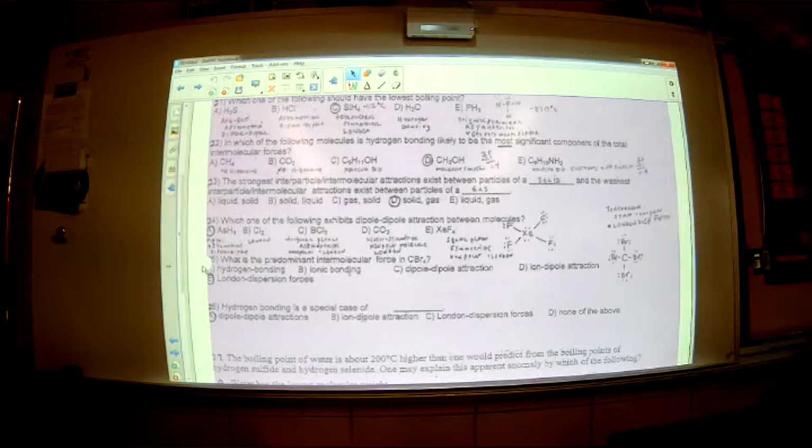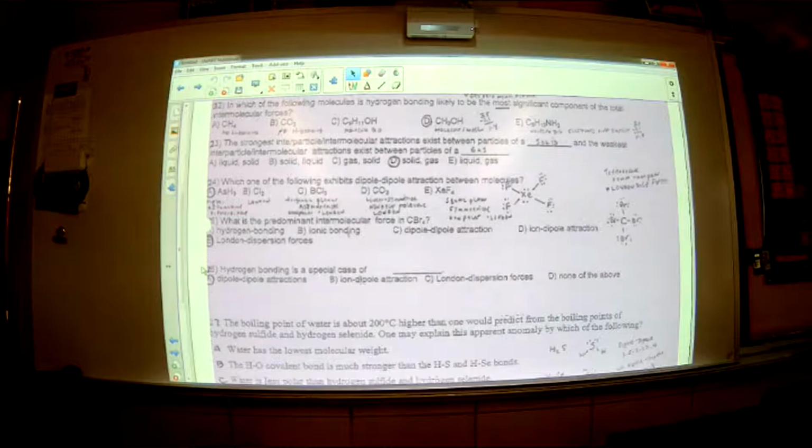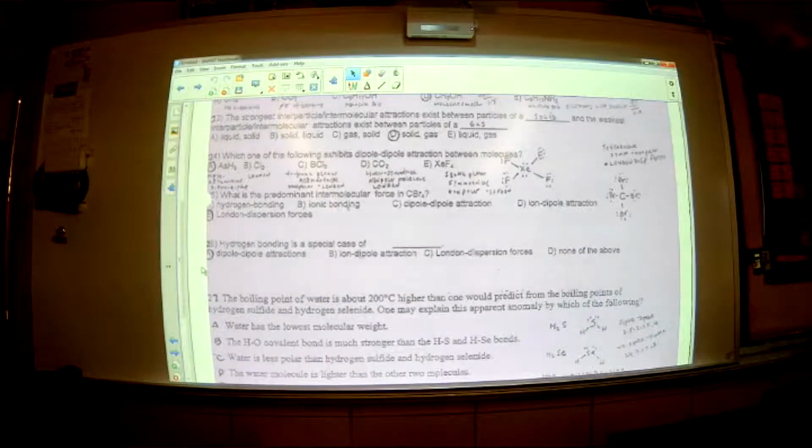That one wasn't too bad. Solids have to attract better. Gases don't attract very well. What about 24? The worst question on here. 24 is a horrible question. Question on it. Yes. What?